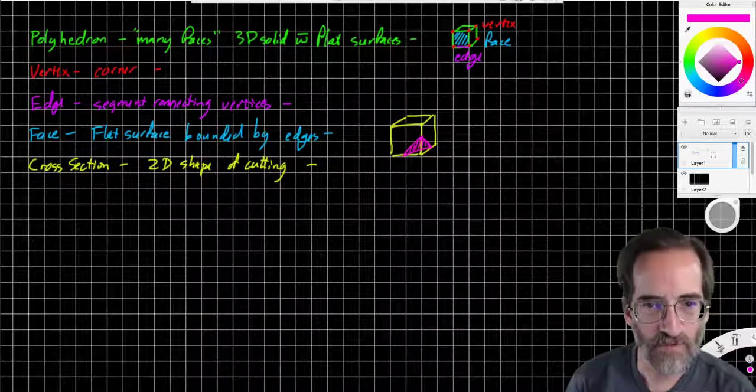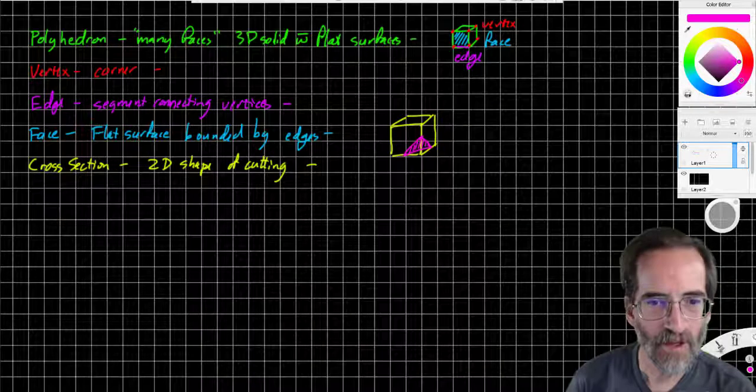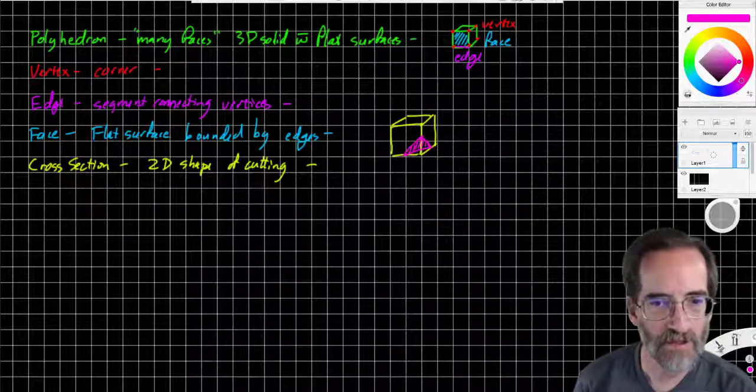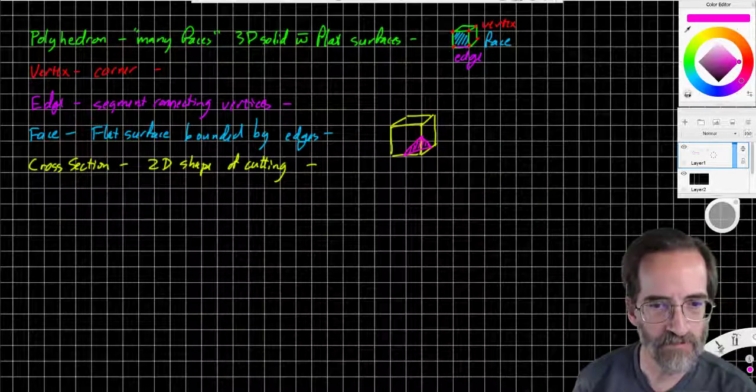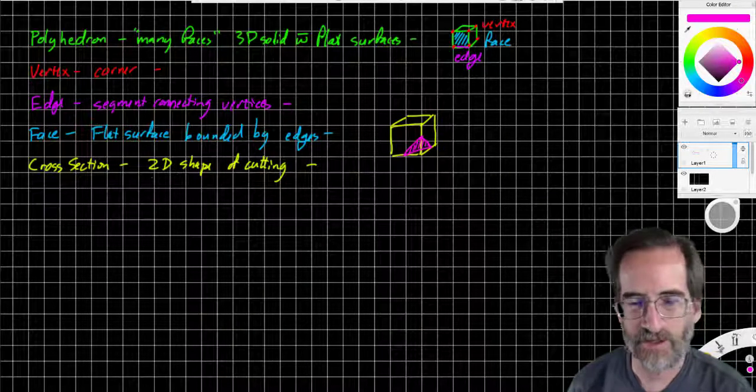Lesson 2. Surface areas of prisms and cylinders. Okay. I have words like prism and cylinder and right cylinder and so forth.